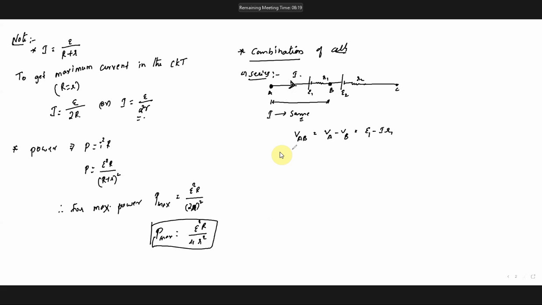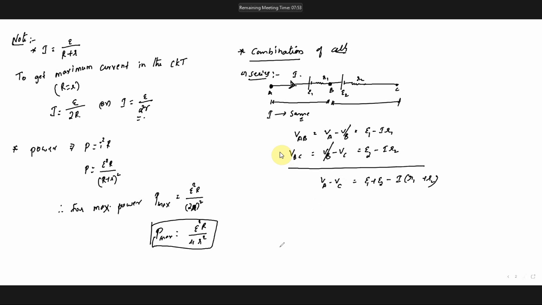Similarly, terminal voltage across the second cell, VBC, can be taken as VB minus VC, which is equal to E2 minus IR2. Now please remember, students, if you add these two, VB will get cancelled. Then VA minus VC is equal to E1 plus E2 minus I, if you take it as common, R1 plus R2.